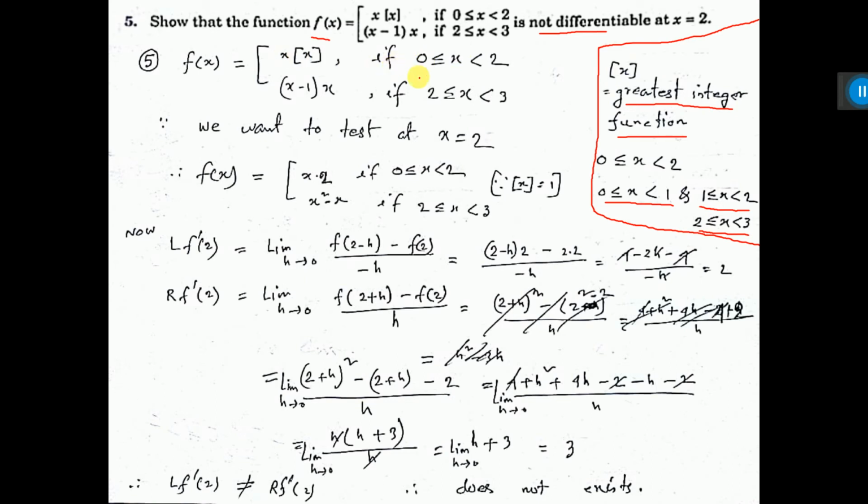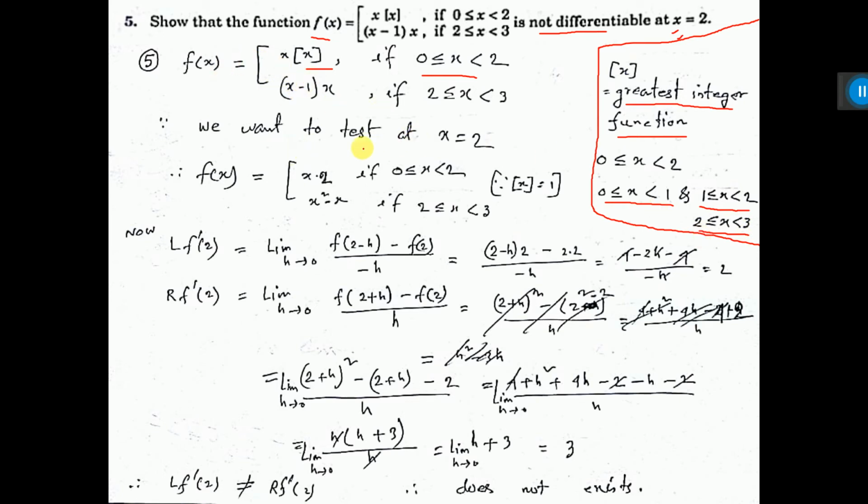Now see here, the interval taken is 0 ≤ x ≤ 2. With this interval we have to test whether it is differentiable at x = 2 or not. Now what is the value of the greatest integer [x]? If we take 2 ≤ x < 3, then the value of the greatest integer is 2.